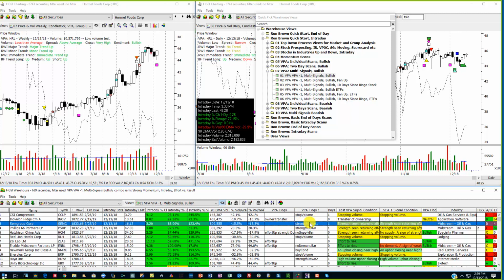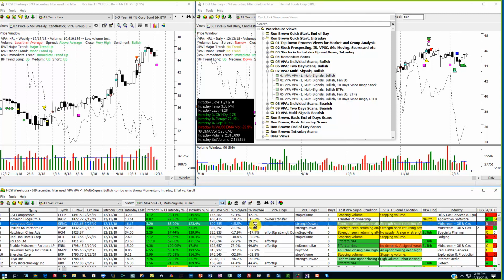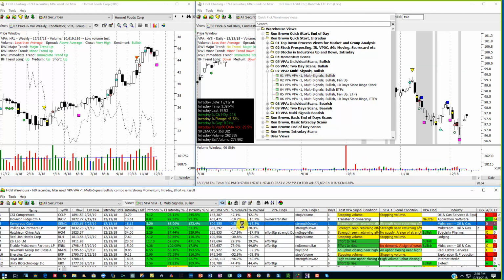My thinking when I did this was I want to catch stocks that had a flag on the most recent day or the prior day, and then they're going to come to the top of the list based upon this effort versus result combo if the flag appears either day. So I'll take a look at this one.